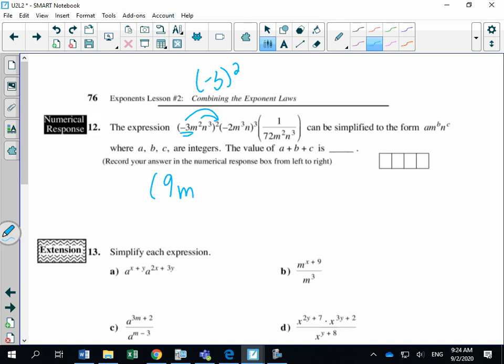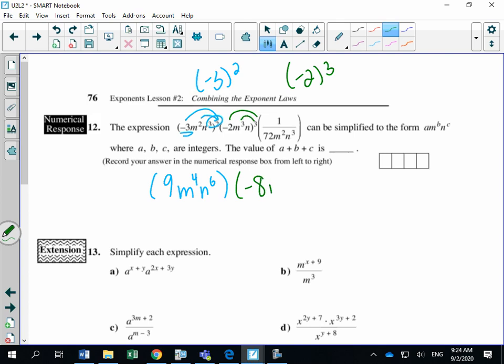So that's going to be m to the 4, so multiplication, and n, 3 times 2 here is 6. Okay, the next one. This 3 applies to that negative 2, and it's in a bracket, so negative 2 to the power of 3. That's going to give you negative 8.